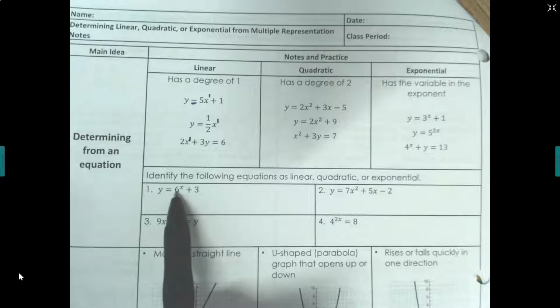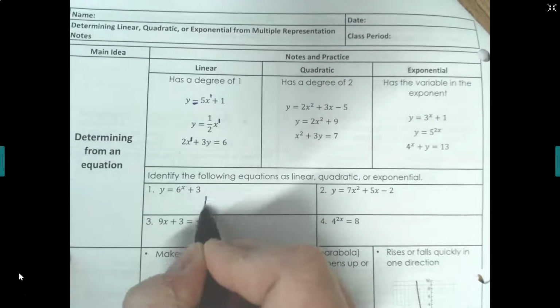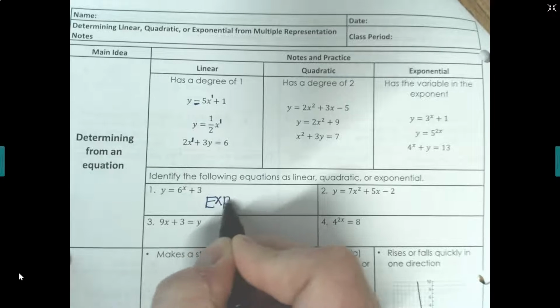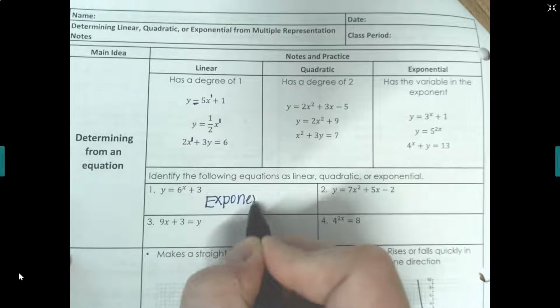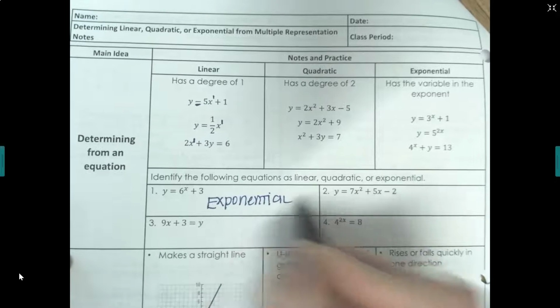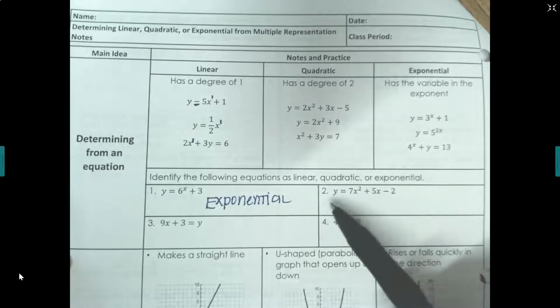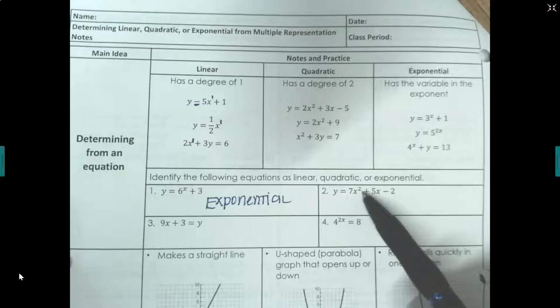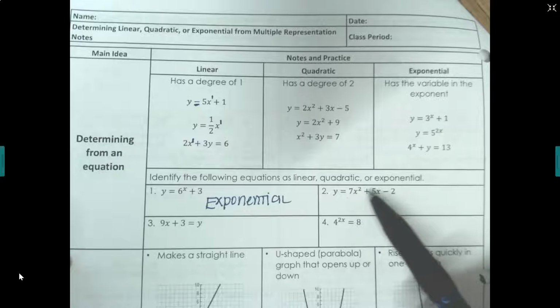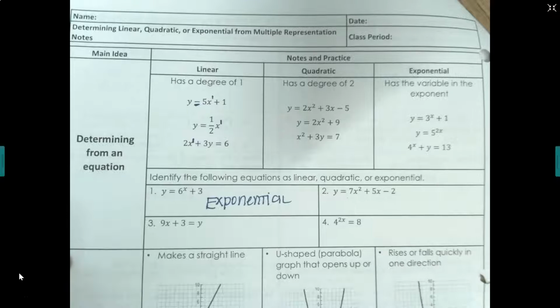On number 1 here, we have 6 raised to the x. The x is in the exponent. That's going to make it exponential. Okay. Looking at number 2, y equals 7x squared plus 5x minus 2. The highest exponent is a 2.